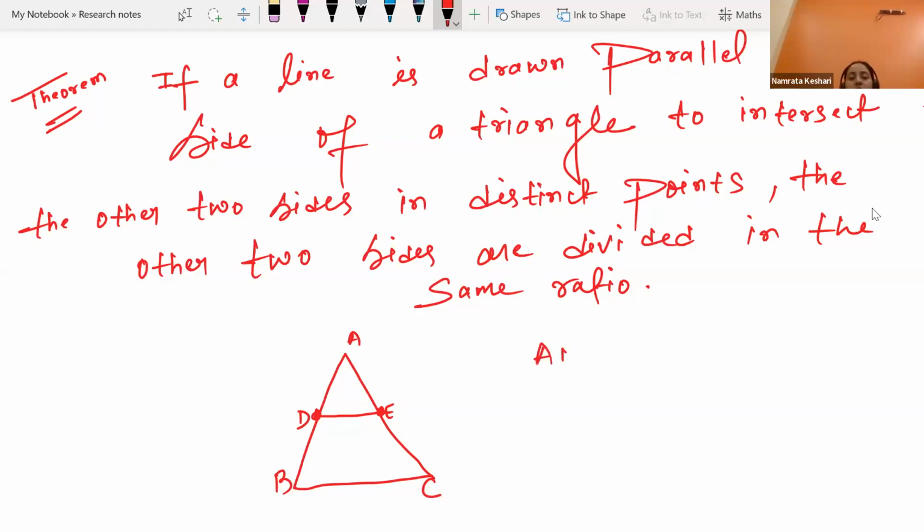That means AD by BD is equal to AE by EC. These ratios will be the same.